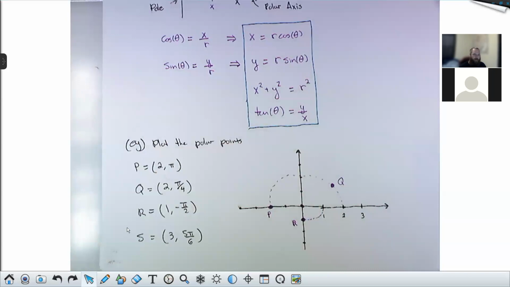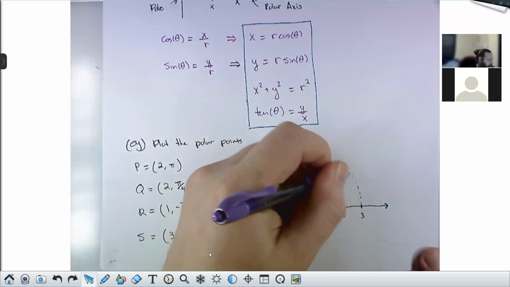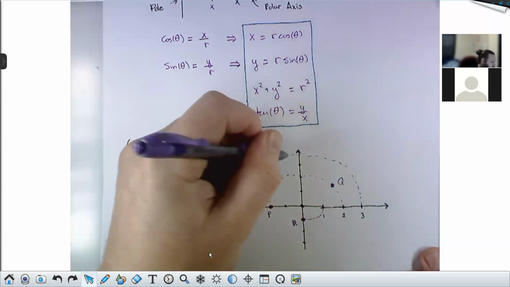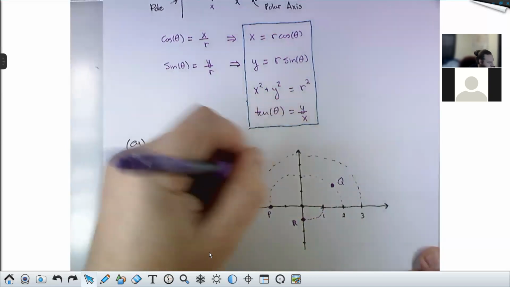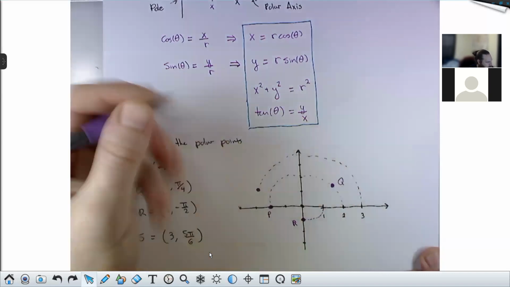And then finally, if I want to get to the point S, I walk out 1, 2, 3 along my polar axis. And then I need to rotate around by 5 pi over 6. That's like right here.